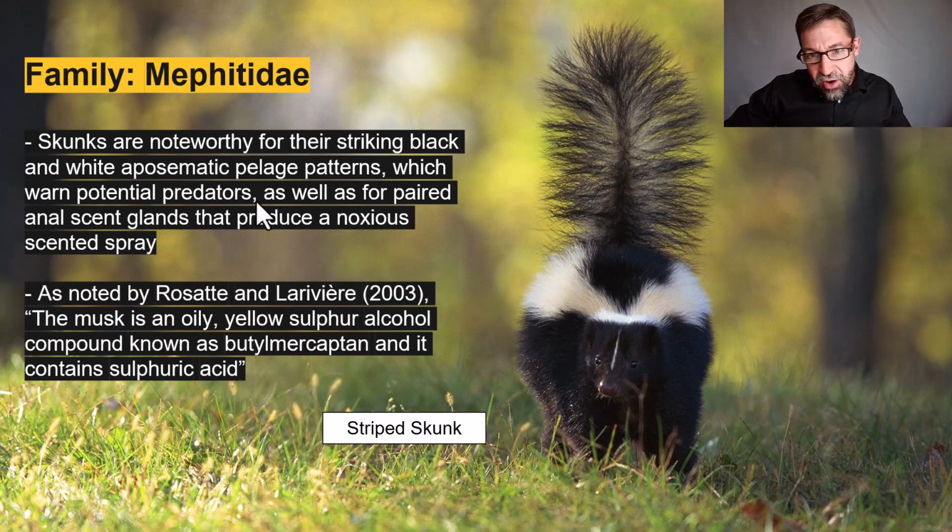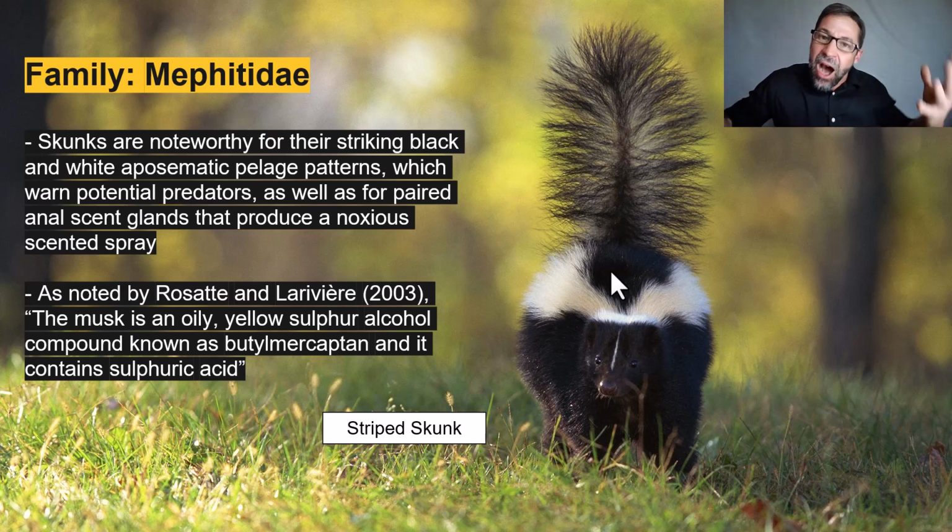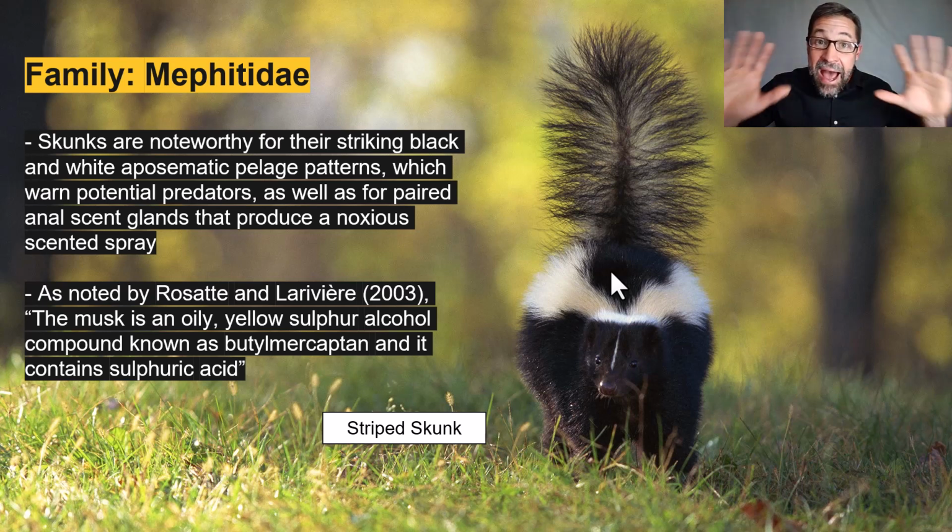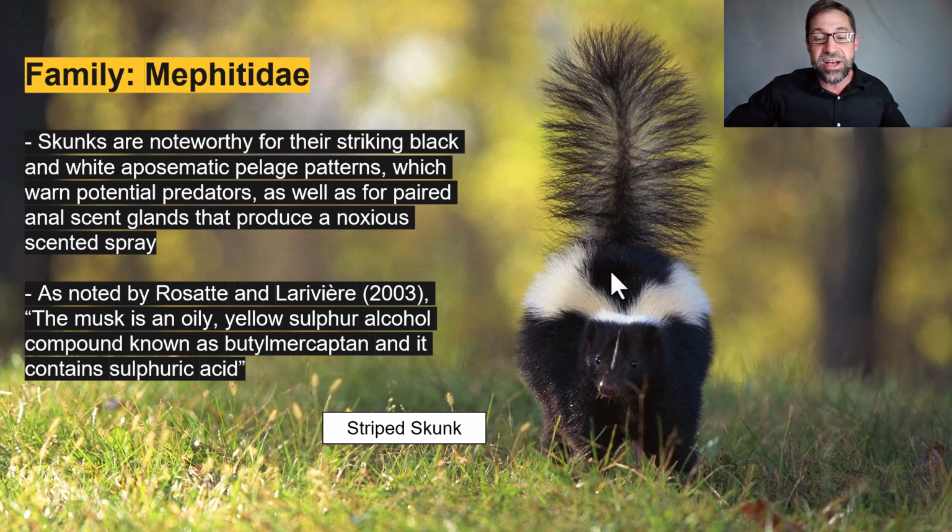Skunks, with their highly contrasting colors, white right next to black, they're aposematically colored, meaning the opposite of cryptic coloration. So cryptically colored species are camouflaged. Aposematically colored species are going to advertise their presence like a neon sign with striking or contrasting colors.